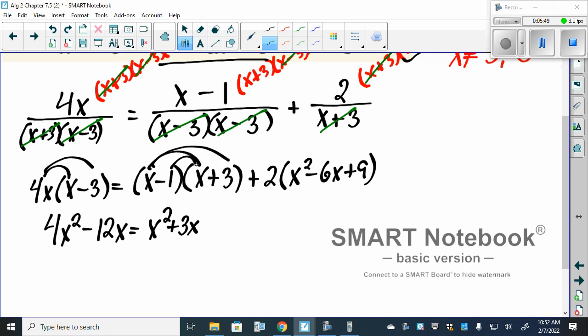Do the same thing with negative 1. Negative 1 times x is going to be negative x, and negative 1 times 3 is negative 3. And the last thing we need to distribute is the 2. 2 times x squared is going to be plus 2x squared. 2 times negative 6x is going to be negative 12x. And lastly, 2 times 9 is going to be plus 18.